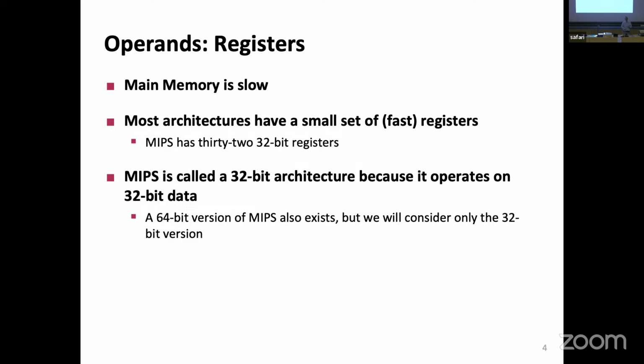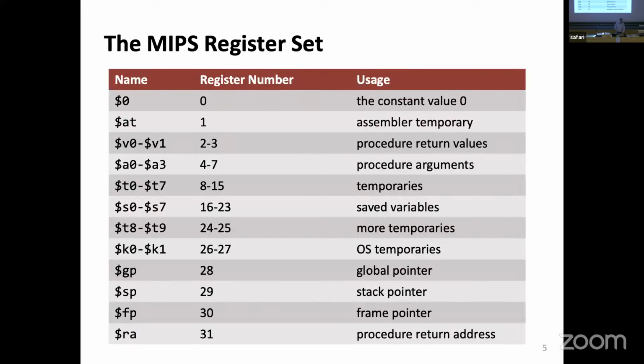The good news is, because we only have a limited set of them, there are only 32 registers I can deal with, and I only need 5 bits to tell which register I'm dealing with. And by the time MIPS was made, that was a lot. It's like, oh my God, 32, are you crazy? So what is being used is a convention saying that some of those registers we can use for general purpose things.